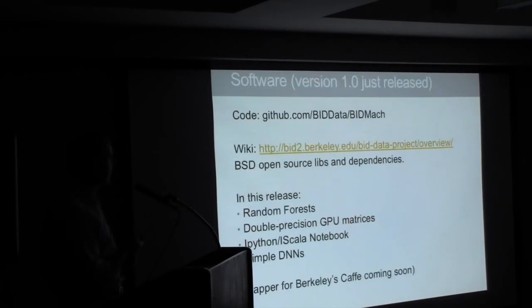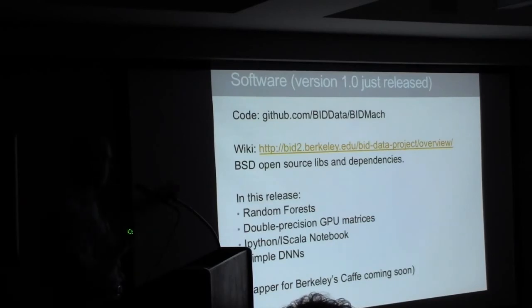All right. So the toolkit's available. It's BSD licensed. Because we use a lot of native code that's tricky to compile, we distribute both the GitHub source and, separately, a package that includes all the binaries for Windows, Linux, and Mac. We have some new stuff in the latest release, the random forest implementation that we're quite happy with. This is a scalable single node implementation.